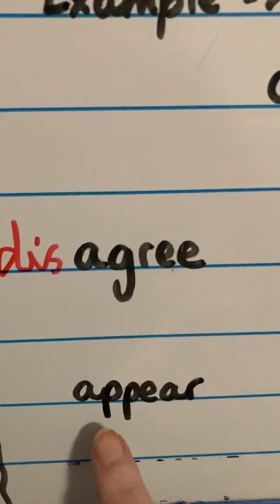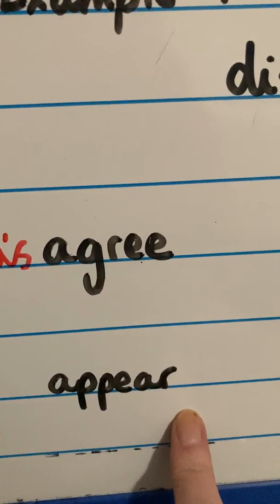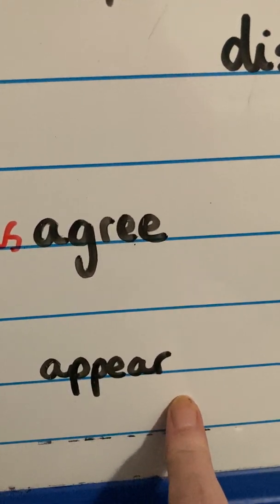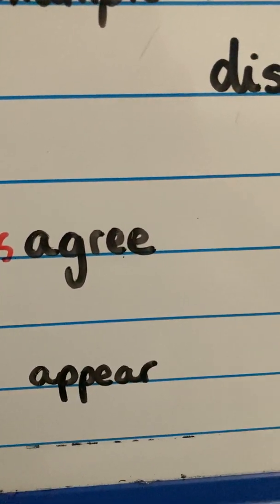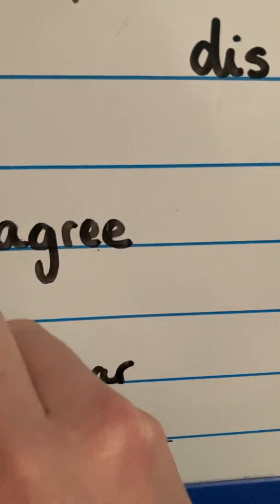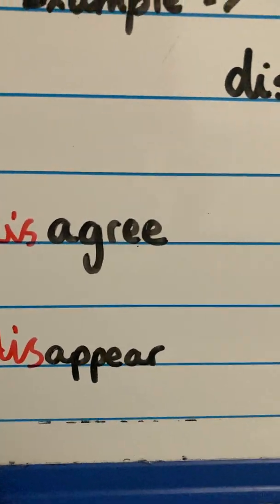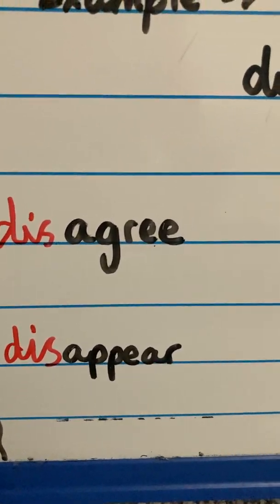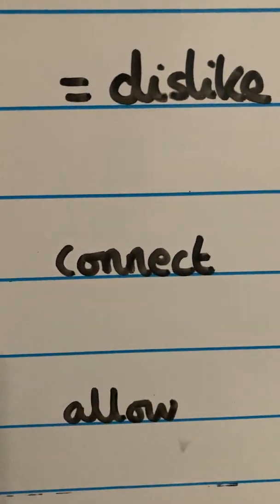Okay, so have a look at this one. Appear. We're adding the prefix dis. Is it going to come before or after? Tell your grown-up. That's right, it comes before our word. So it becomes disappear. Okay, what about this one here? Connect.